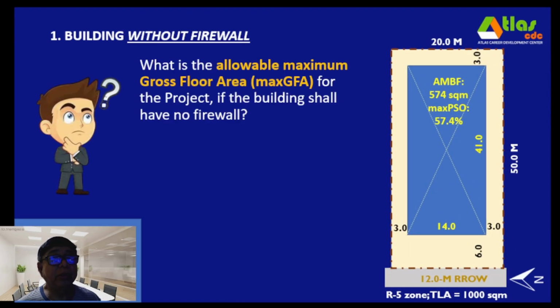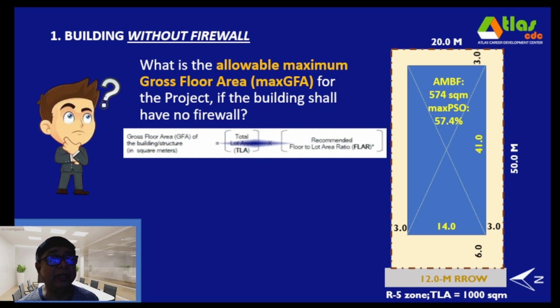So we now go to determining the allowable maximum gross floor area for the project if the building shall have no firewall. So ito medyo madali lang ito because our reference is just this formula. Our allowable maximum GFA will be your TLA times the maximum recommended floor to lot area ratio.